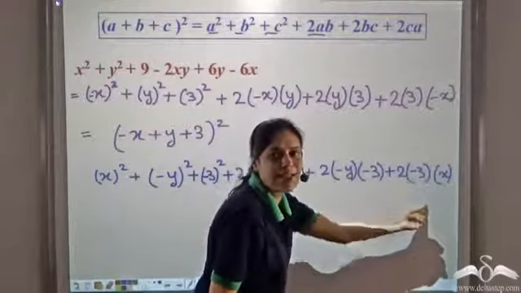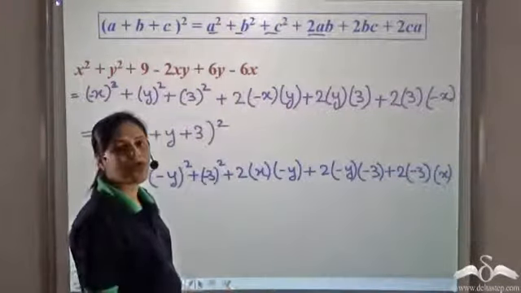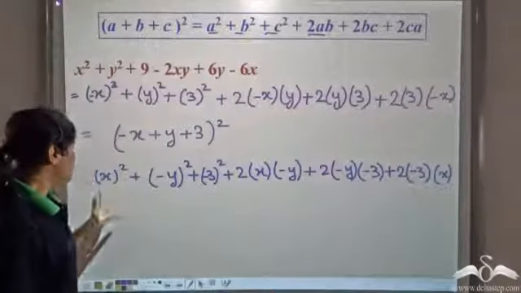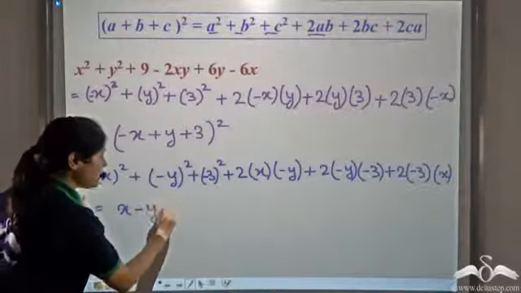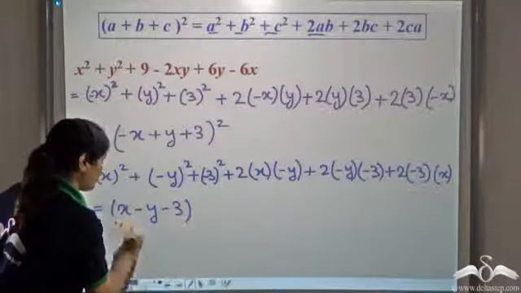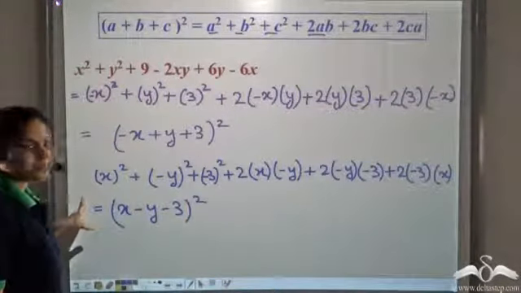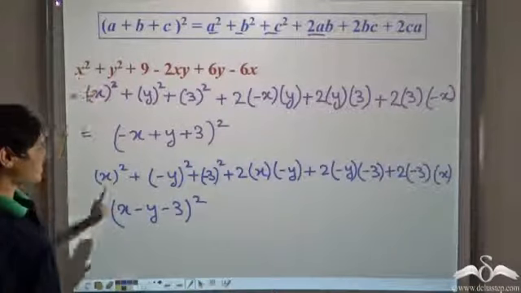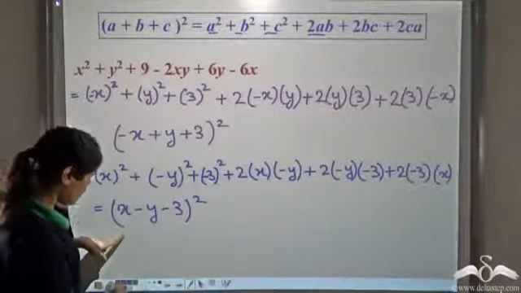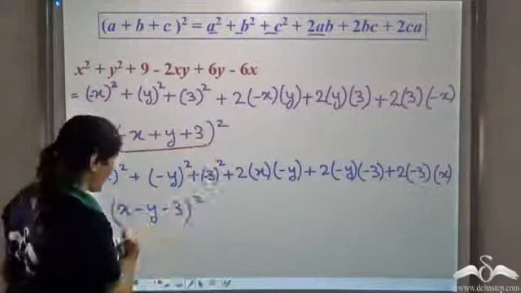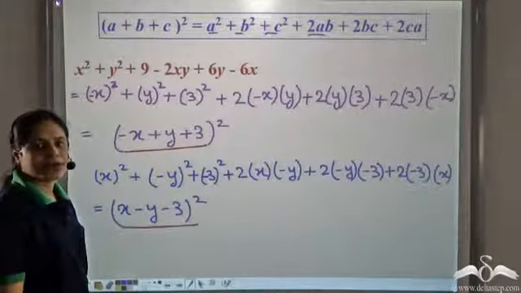This gives us negative 6x, which is what we have here. So we have (x minus y minus 3) whole square. So this can be factorized to get this. So we have got this and this.